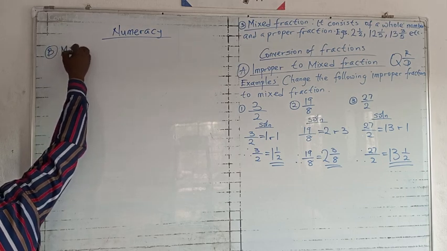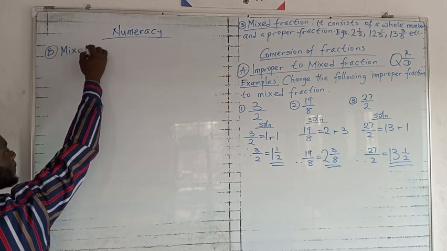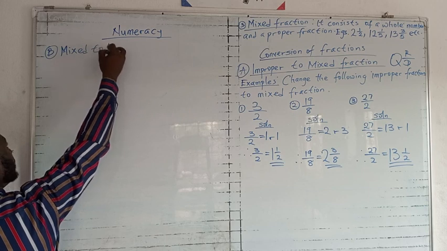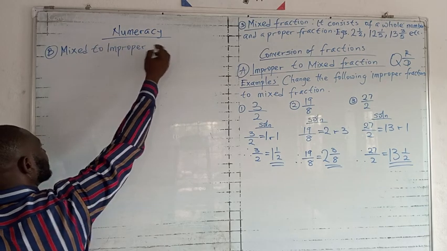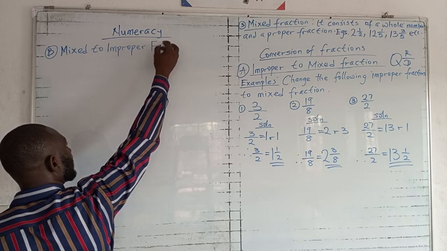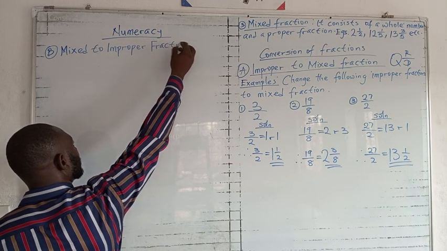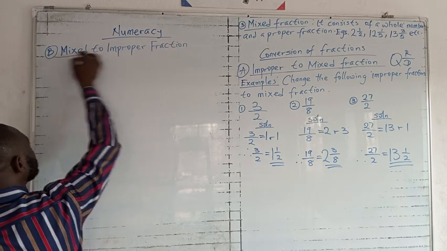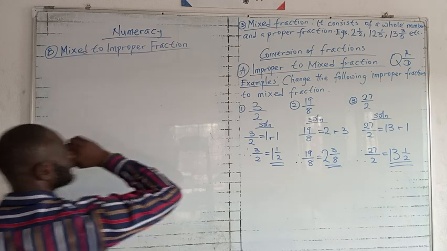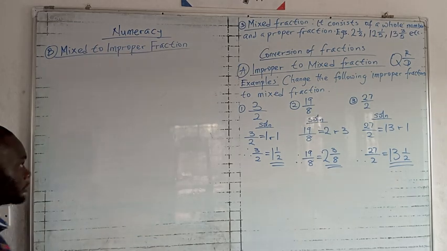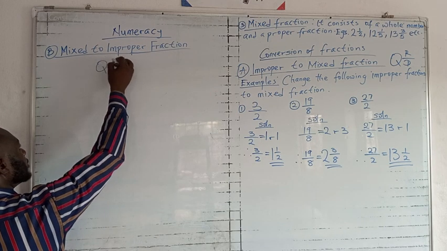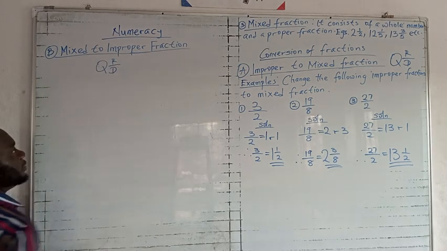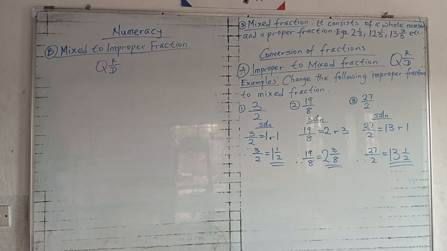Mixed to improper fraction. Now, remember that mixed fraction is quotient whole number, remainder over divisor or denominator.